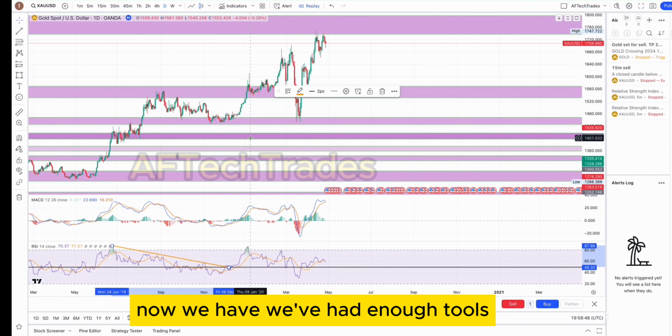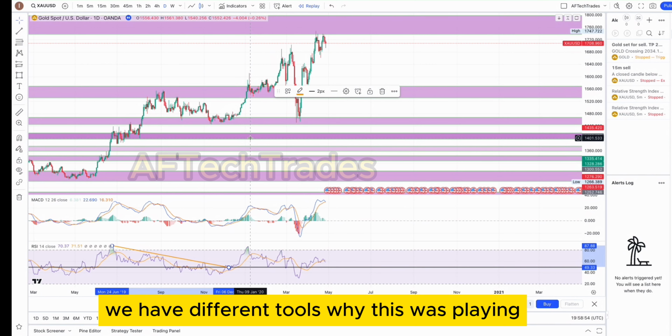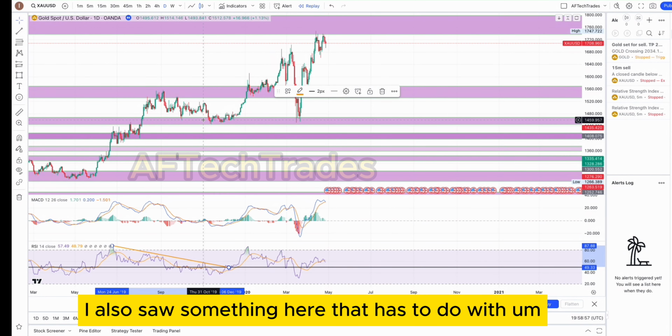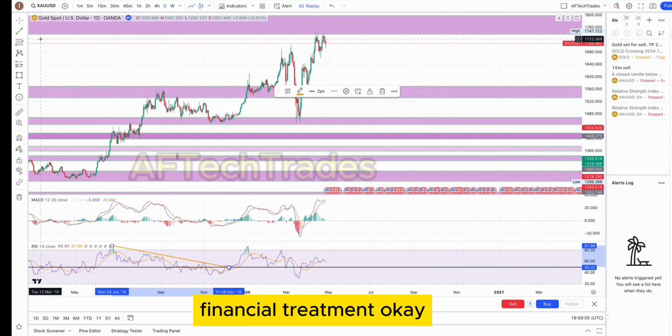Now we've had enough tools from our various tools that we have introduced. While this was playing, I also saw something here that has to do with one of our tools in the past, where we talked about the Fibonacci retracement.